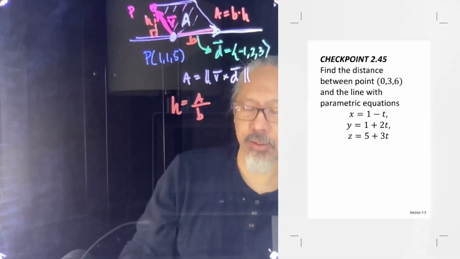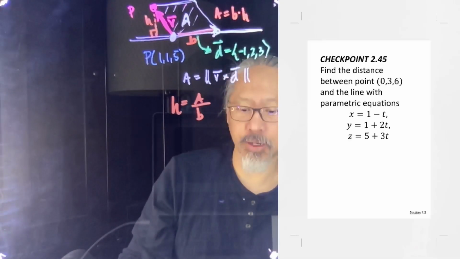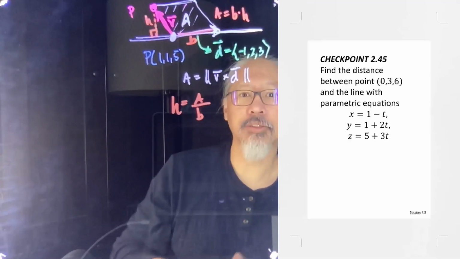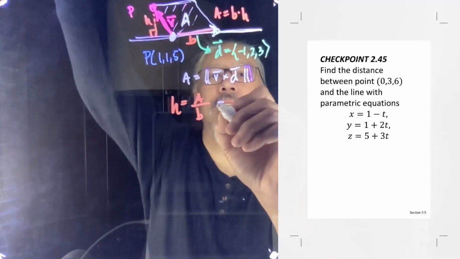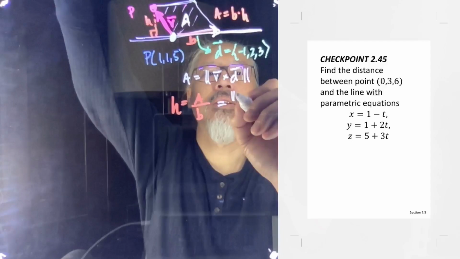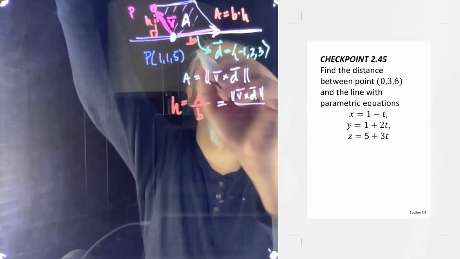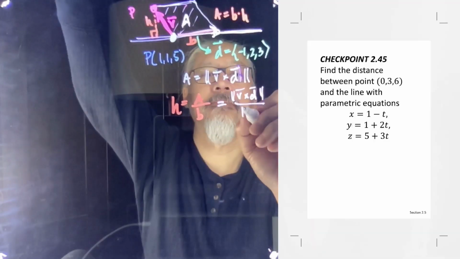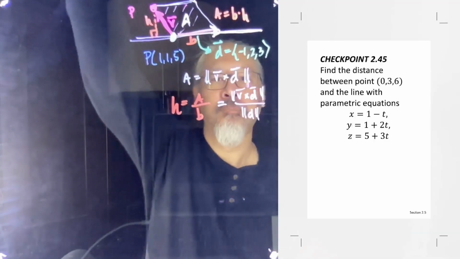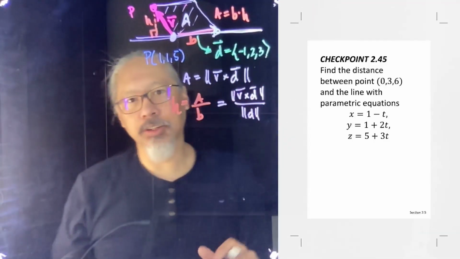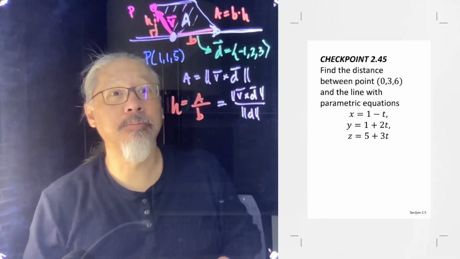The area is the magnitude of the cross product. And so there is our formula: the height is equal to the magnitude of v cross d, divided by the length of d.